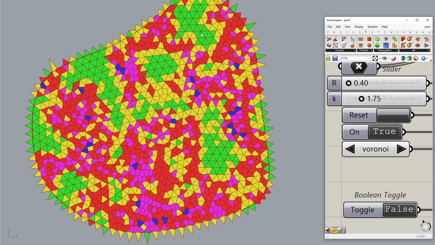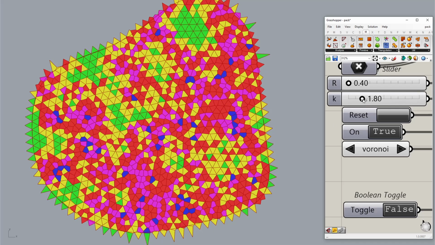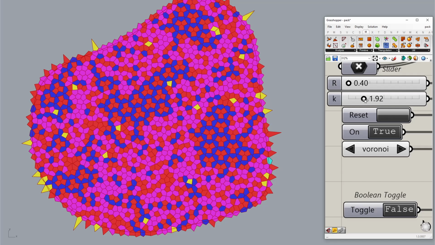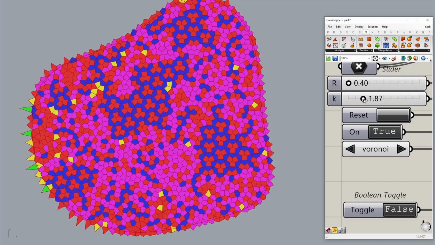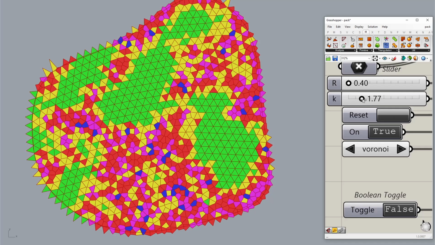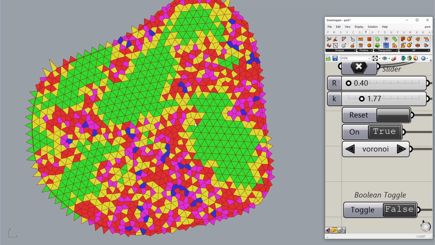We have some triangles, but disrupted. Going up, let it relax a bit, and then going back, we have bigger areas of same-structure triangles.